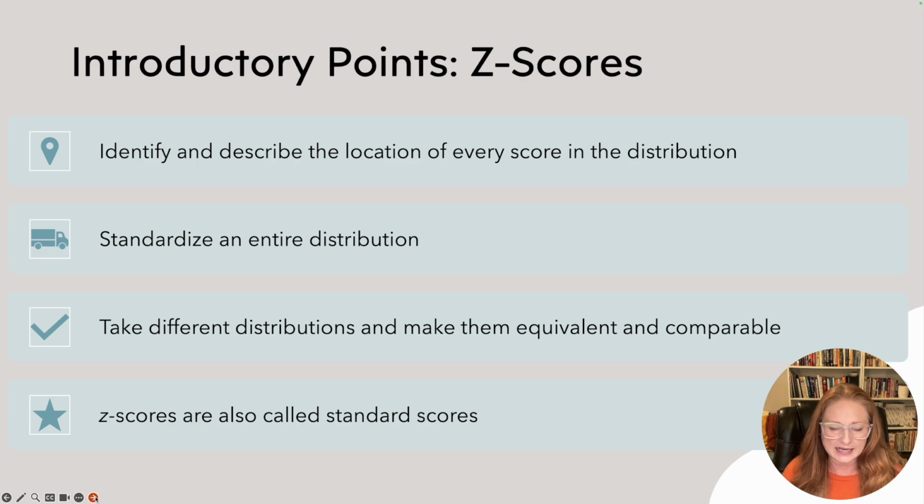So I can take a look at how Martha does in her English class and how Zachary does in his German class, right? And I can say who has the higher score. Yes, we're talking about two different people in two different classes, but if I can standardize it, or I can take a look at their raw scores, transform them into Z-scores, I can say which one has a higher score. I can compare them. And then Z-scores are also called standardized scores.